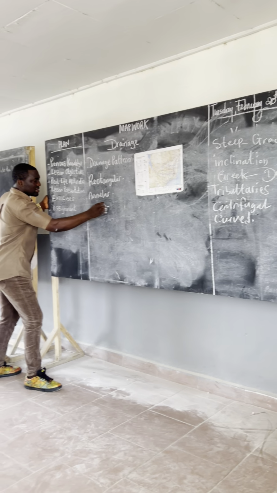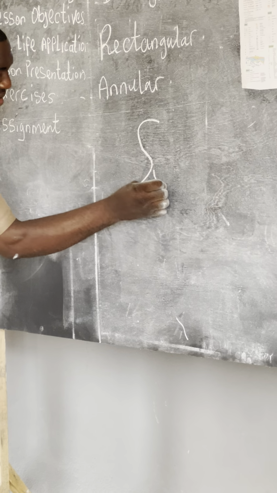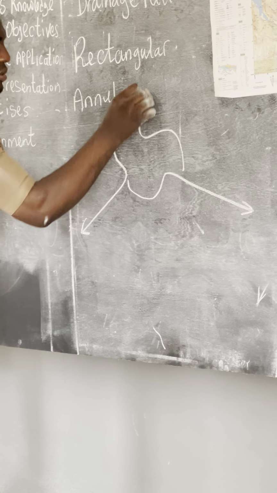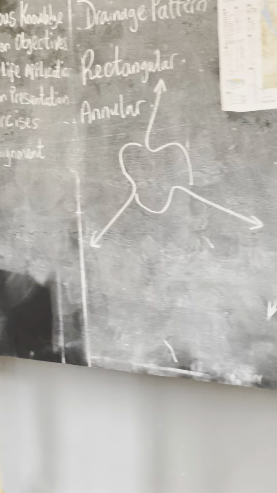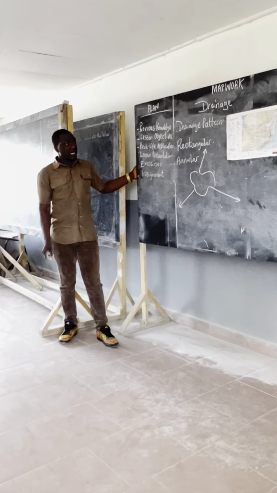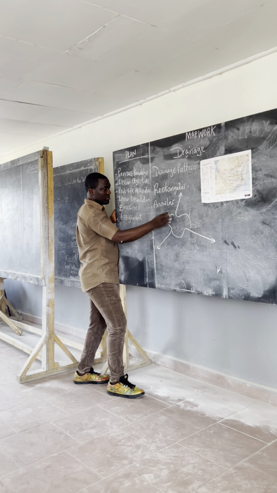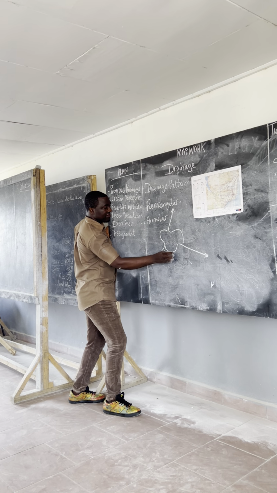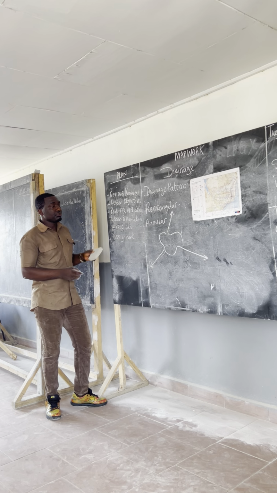It takes its rise, it flows carefully outwards like this. You see, that is a good example of an annular drainage pattern. Are you there? Yes, an annular drainage pattern. From the origin, the streams curve themselves and flow outward, having a curvy course.